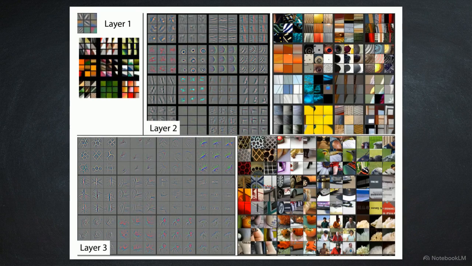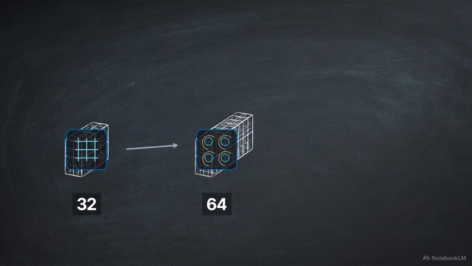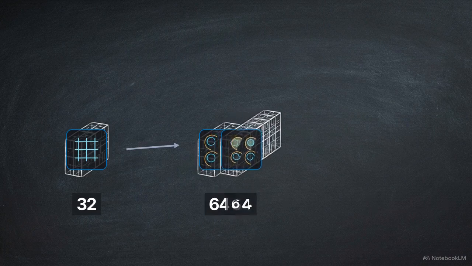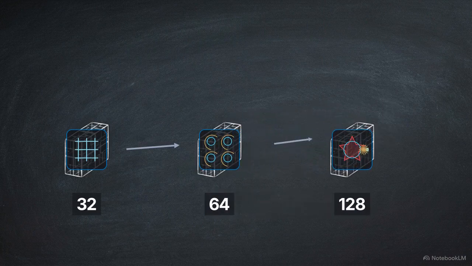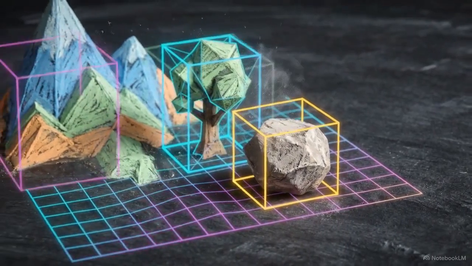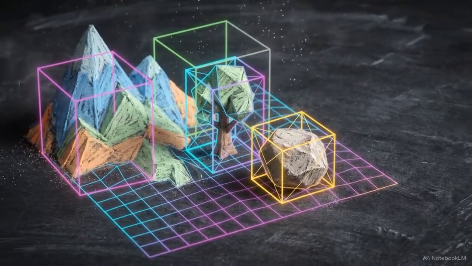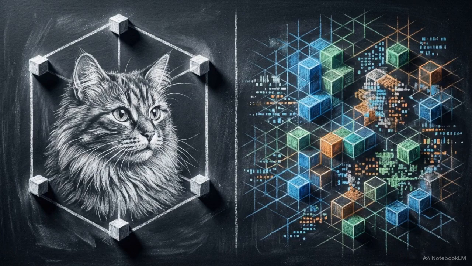As the data pushes deeper, the network expands its feature extraction capacity. It typically increases from 32 filters to 64 to 128, mapping increasingly complex abstractions. Convolutional layers provide the system with a spatial understanding, identifying structural reality regardless of where an object is located in the frame. Recognizing an image is a matter of classification.